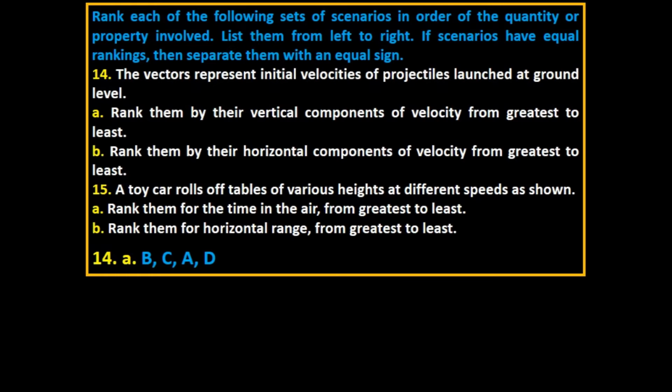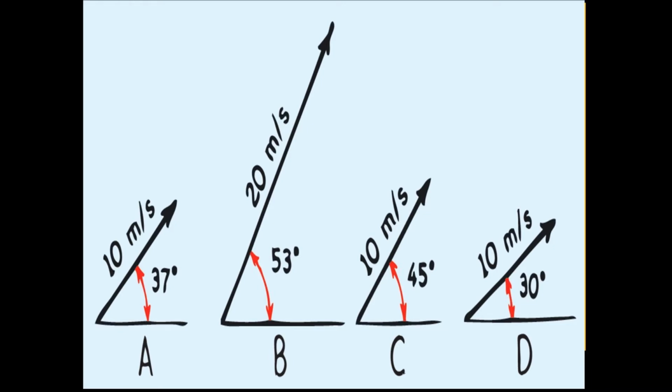Let's look at the horizontal components of velocity from greatest to least. Now remember, for the horizontal component, you need to use cosine of the angle. So V0: 10 cosine 37, then 20 cosine 53, then 10 cosine 45, and then 10 cosine 30.